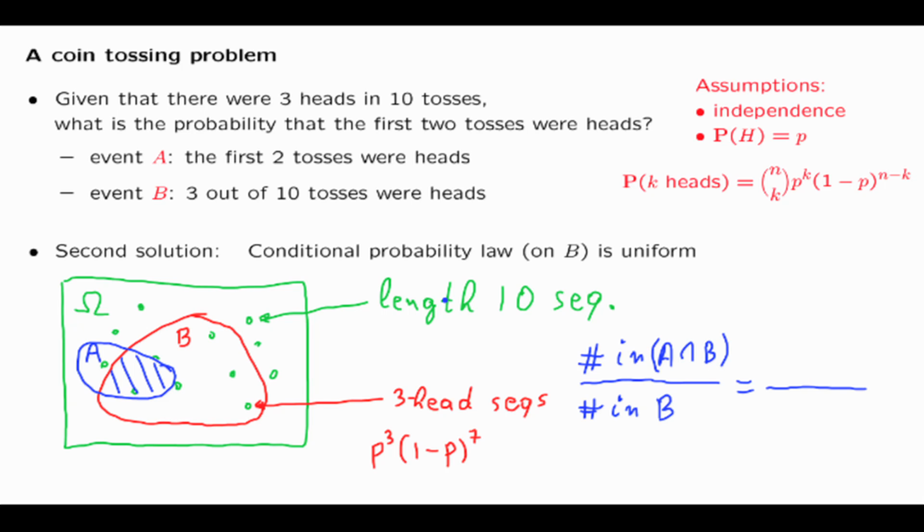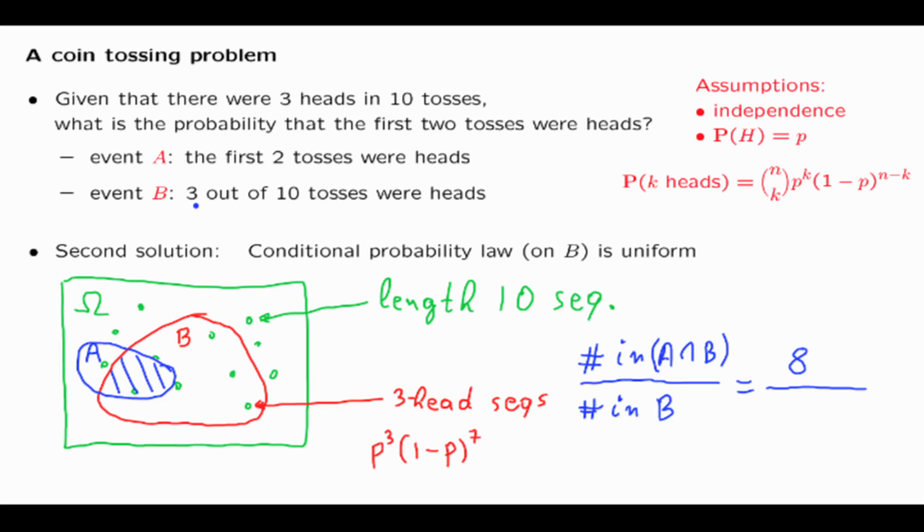These are the outcomes or sequences of length 10 in which the first two tosses were heads, no choice here, and there is one more head. That additional head can appear in 1 out of 8 possible places, so there's 8 possible sequences that have the desired property. How many elements are there in the set B?